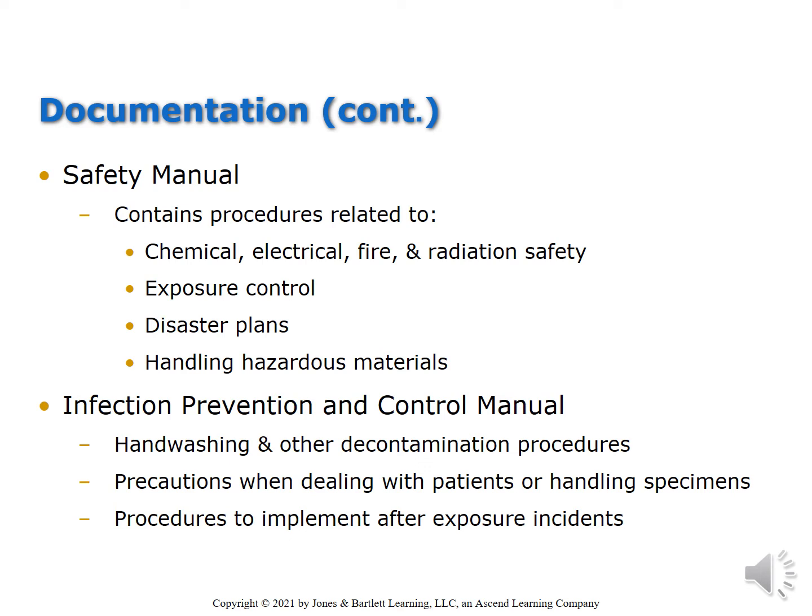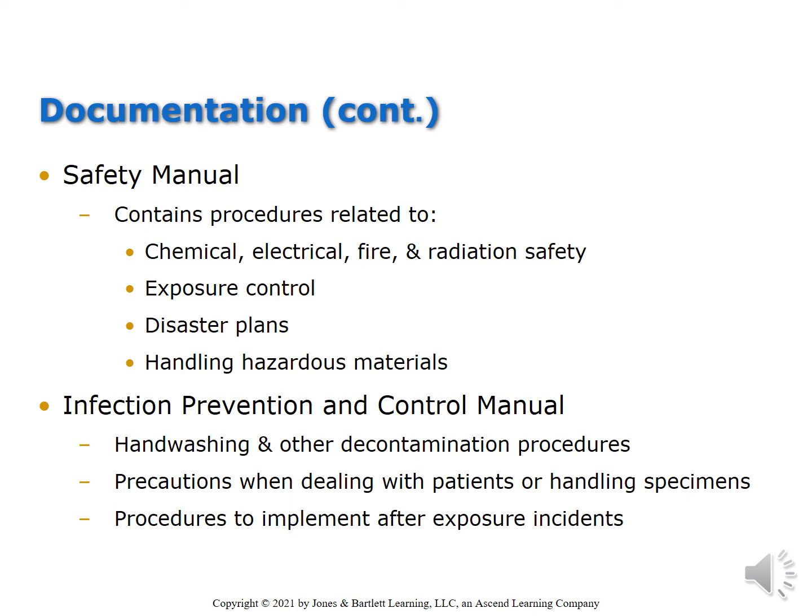In today's healthcare environment, emerging infectious diseases and drug-resistant organisms such as C. diff and staph make managing all aspects of infection control more critical than ever. The Infection Prevention and Control Manual outlines policies and procedures for all employees in all areas of the healthcare organization and must comply with federal regulations and accreditation requirements.